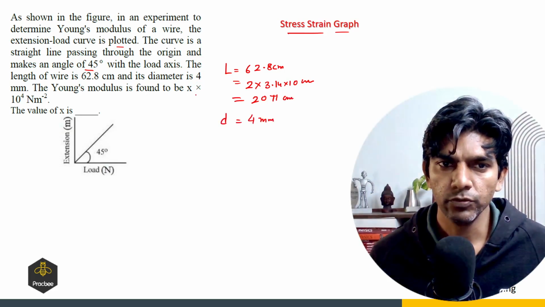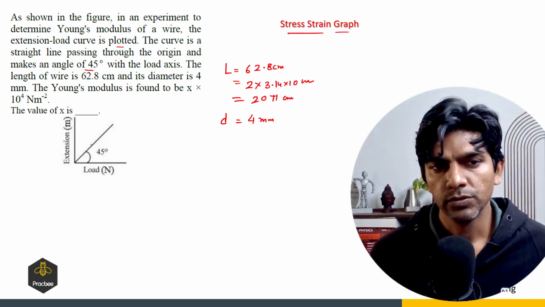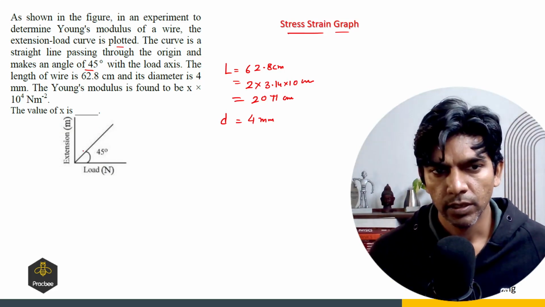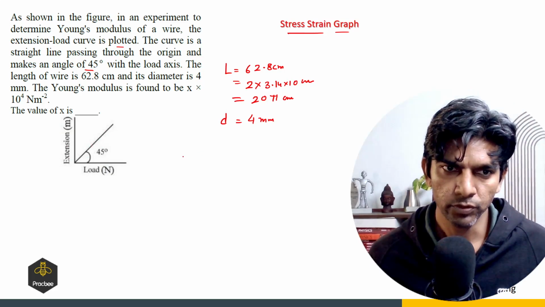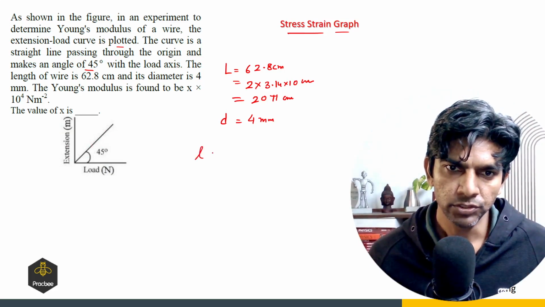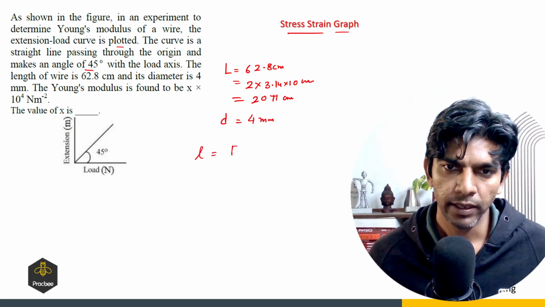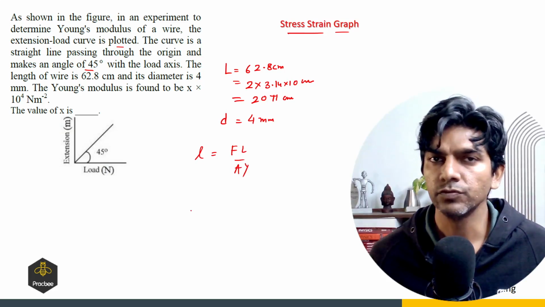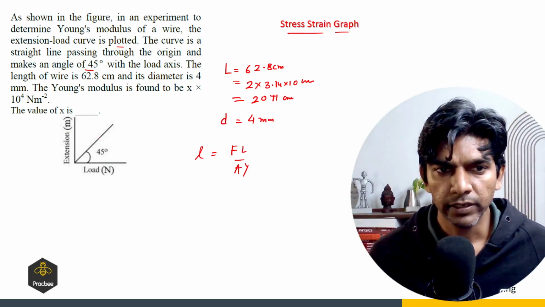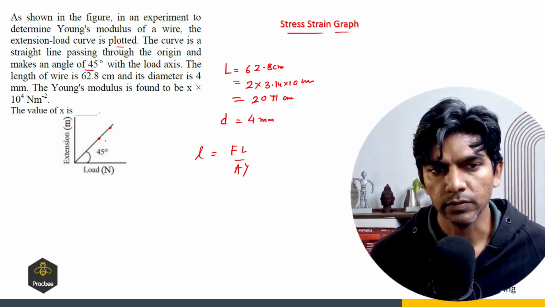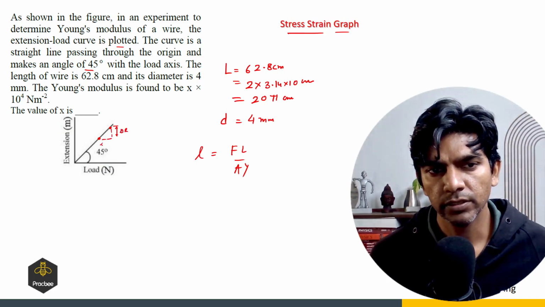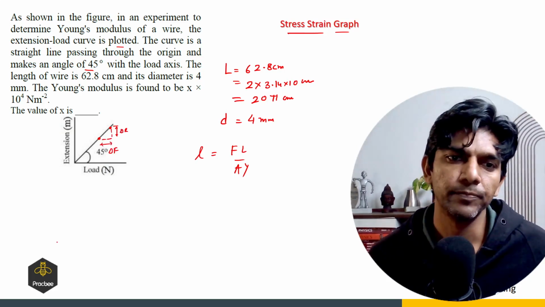Young's modulus is found to be x into 10 raised to power 4. So we have to find the value of x. Now from this, we know that elongation is FL upon AY, right? So that is the formula. Now if I take 2 points on this curve, that will be the increase in the elongation and that will be the increase in the load, right?